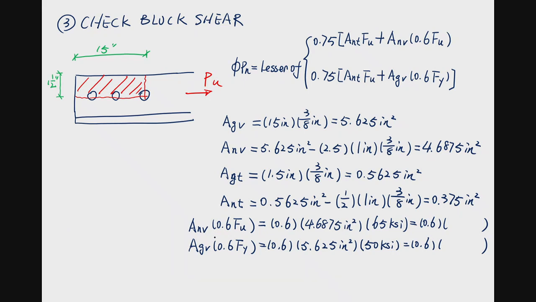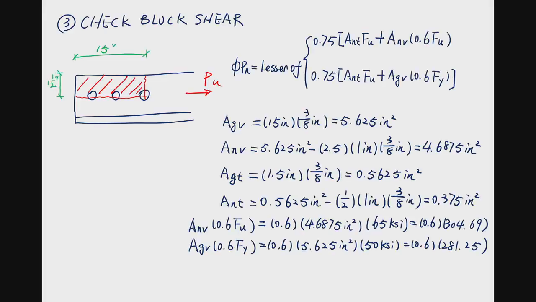So ANV times FU equals 281.25, and AGV times Fy equals 304.69. So AGV controls. AGV, say, governs. All right.